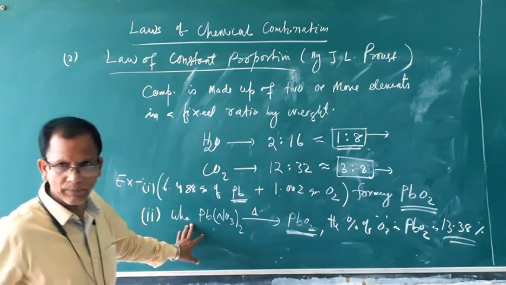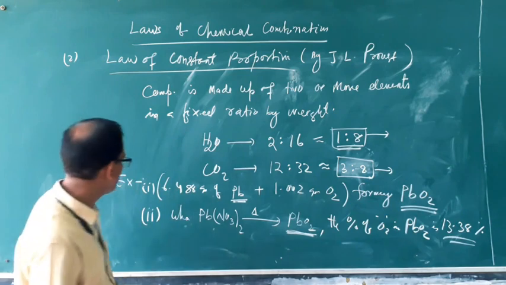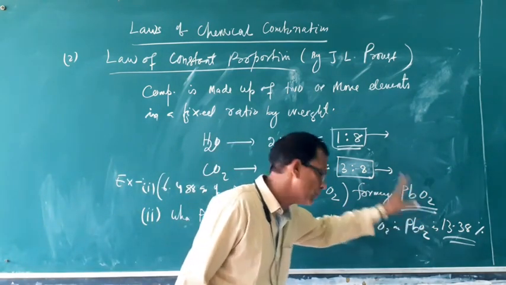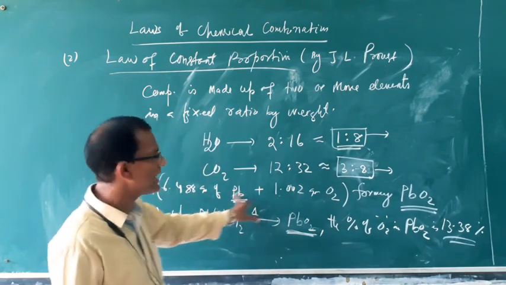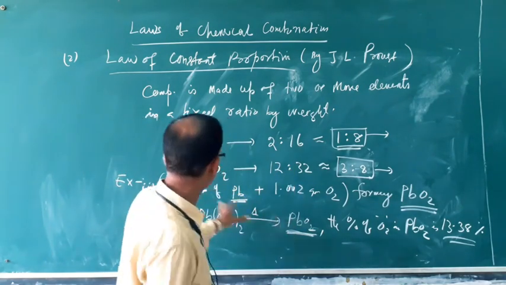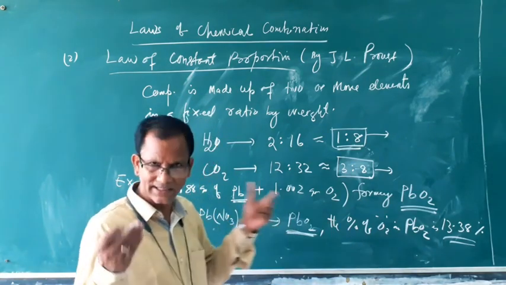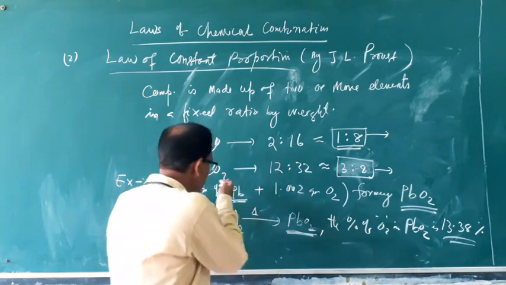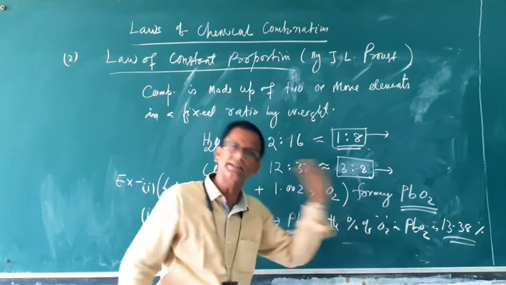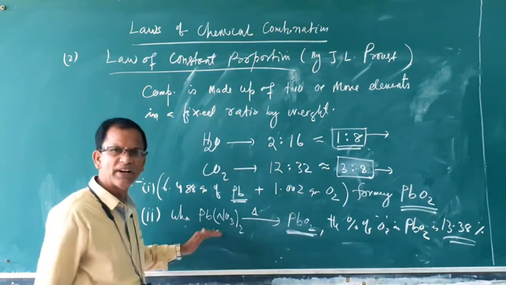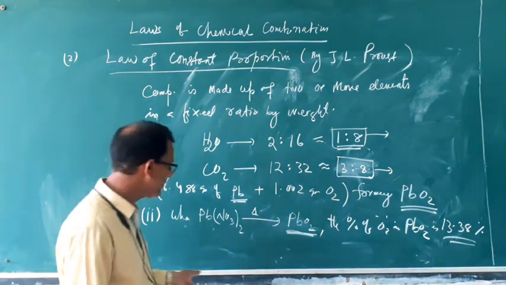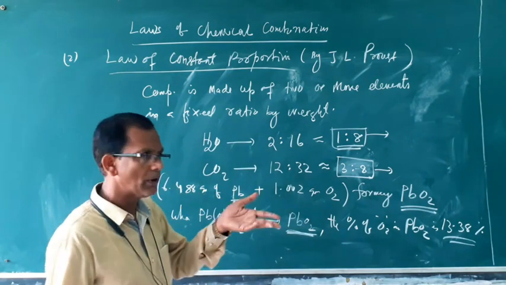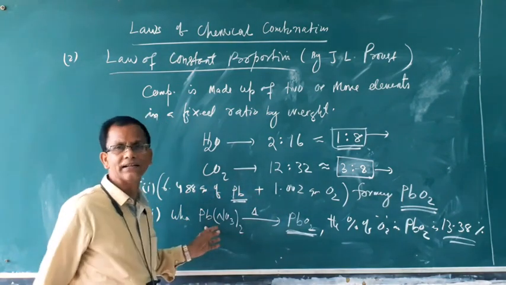In the second experiment, you see carefully. In the first experiment, lead peroxide is produced by heating lead and oxygen. By taking the mixture of lead and oxygen, when it gets heated, it produces PbO2, and how much lead and how much oxygen combined is given. But the second experiment is different. Lead oxide can be produced in another way, by heating lead nitrate.